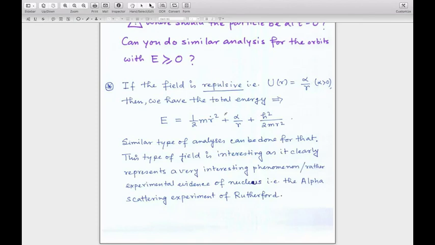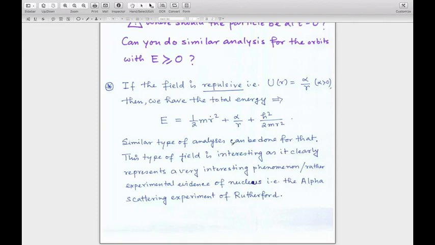One thing is sure, the total energy will be E equal to half m r dot square plus alpha by r plus h square by 2m r square. And one thing is also true, that there will be no case where E will be less than 0. So now you tell me which type of trajectories are possible, which type of conditions will be there, which type of orbits will be possible.